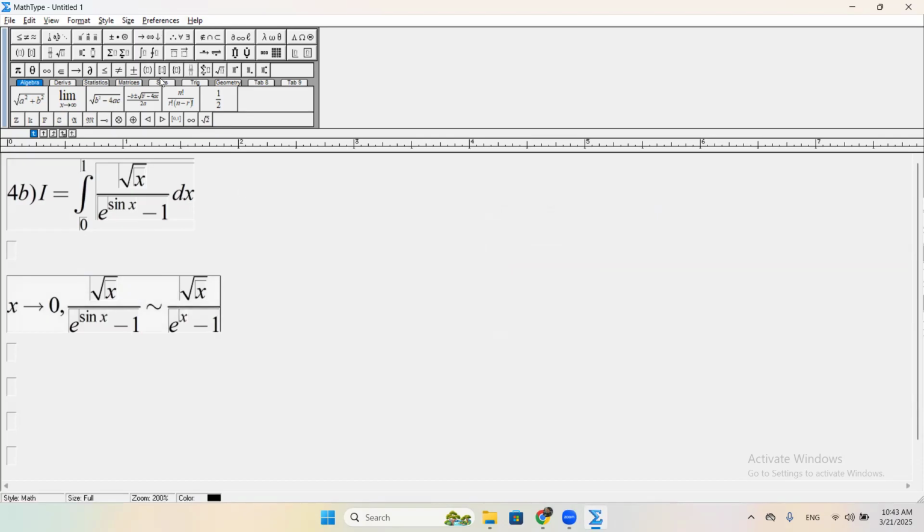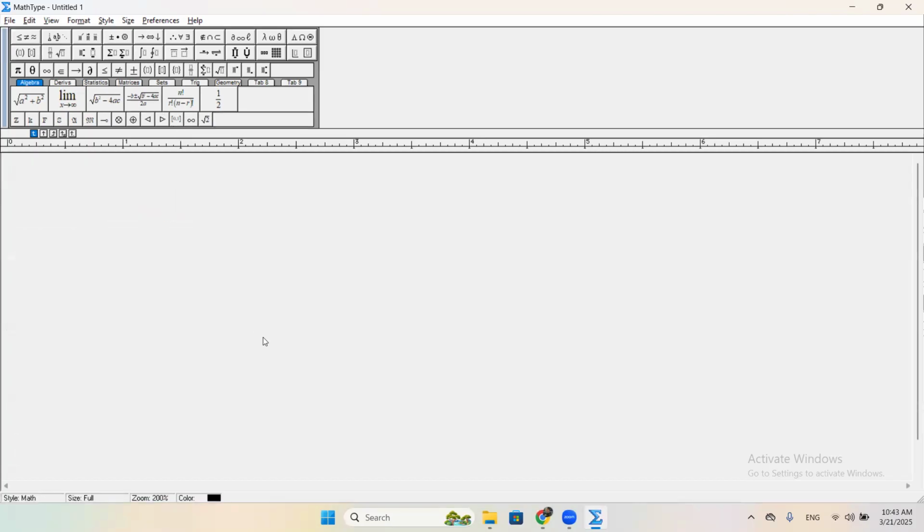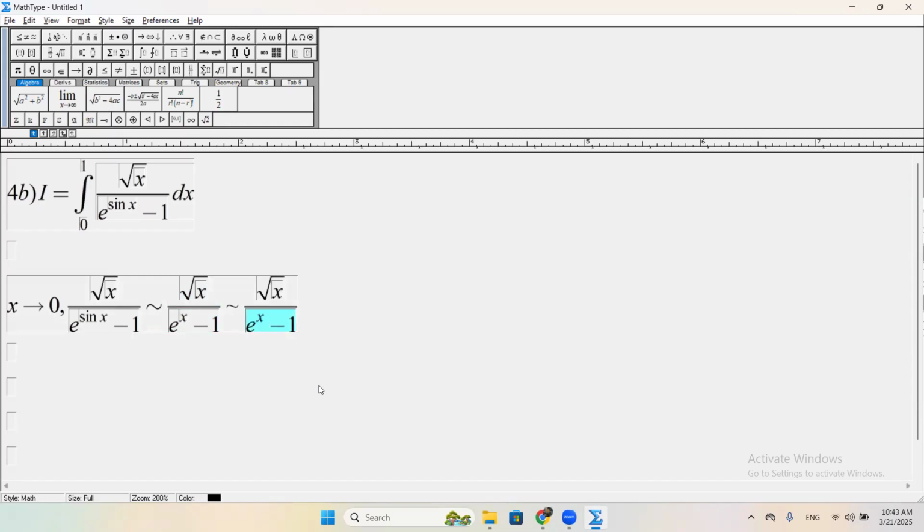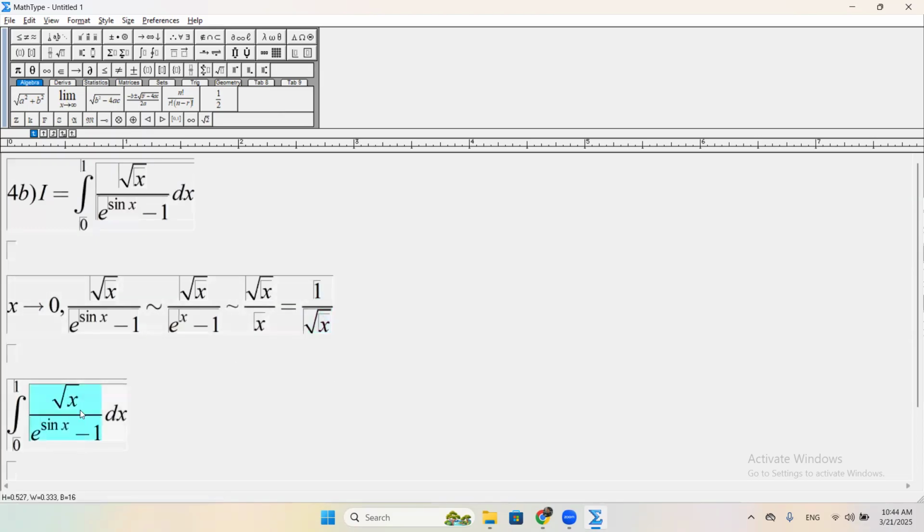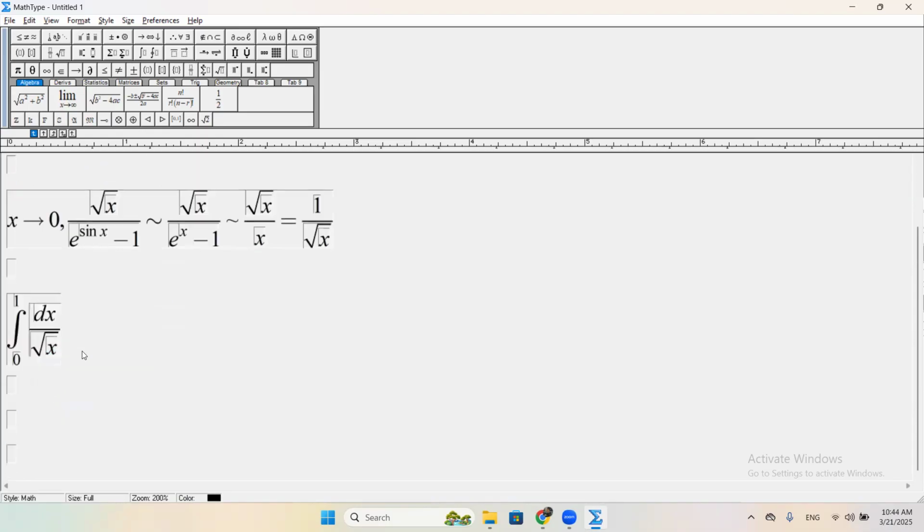Then e in power of x minus 1 is equivalent to x, and it is equal to 1 over square root of x, and this integral converges because p equals 1 over 2, and it is less than 1.